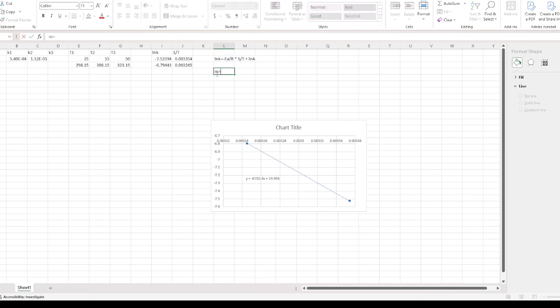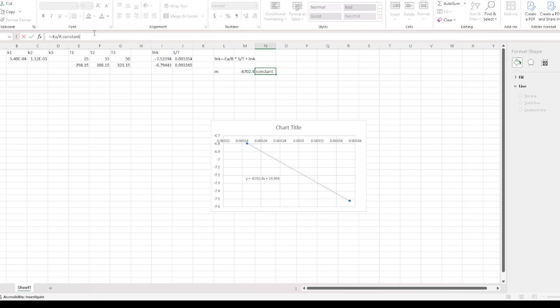Well, that means our slope, M, is negative 6702.4, which is negative EA over R. Oh, I don't want it equal.